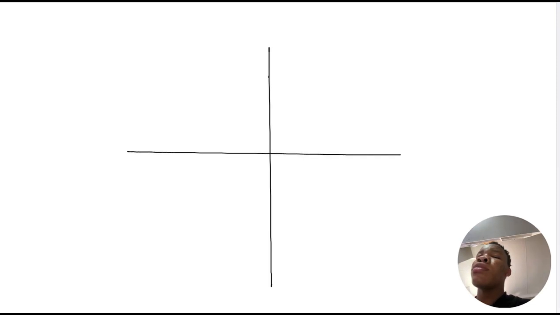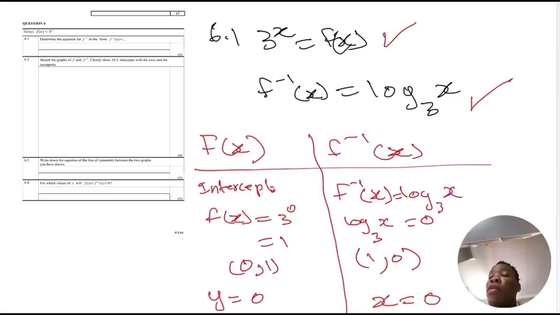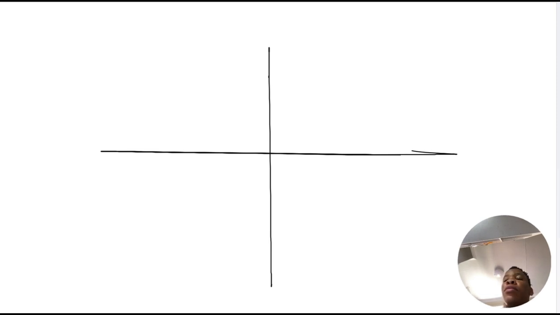Okay. Now I think it's working nicely. So now let's just plug in our intercepts. We have 0, 1.